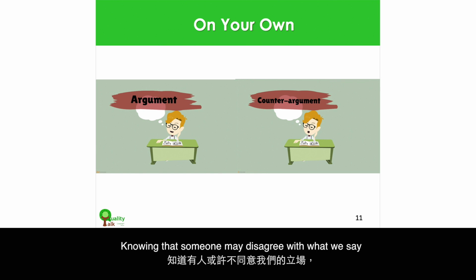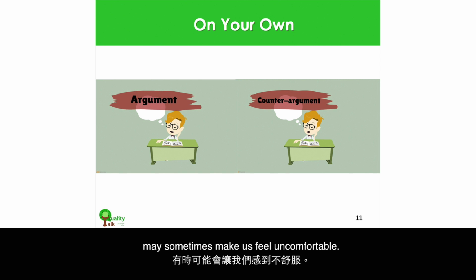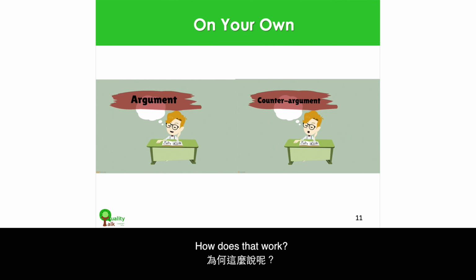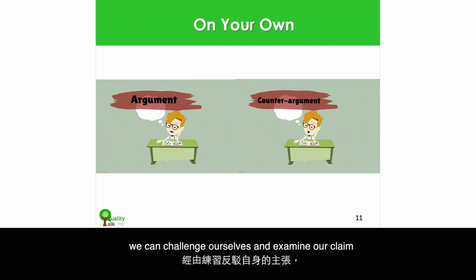Knowing that someone may disagree with what we say may sometimes make us feel uncomfortable. Yet, knowing this actually can help us to make better claims. How does that work? When we come up with a claim, we can challenge ourselves and examine our claim by thinking of a counter-argument of our own.